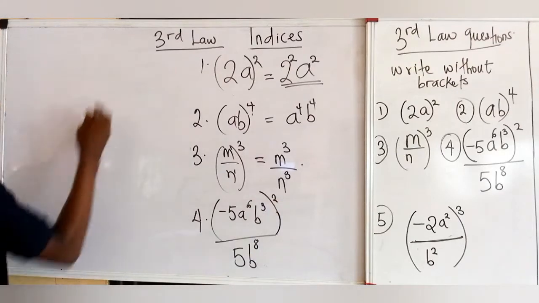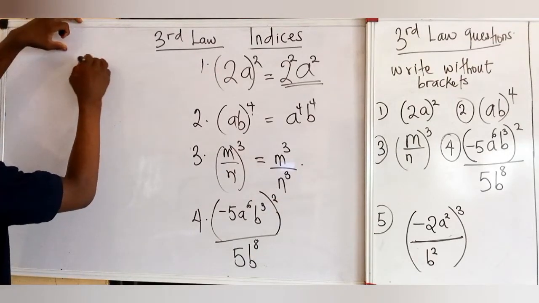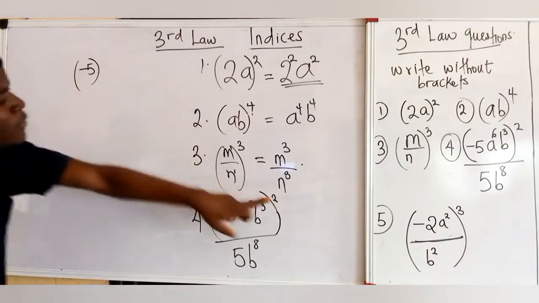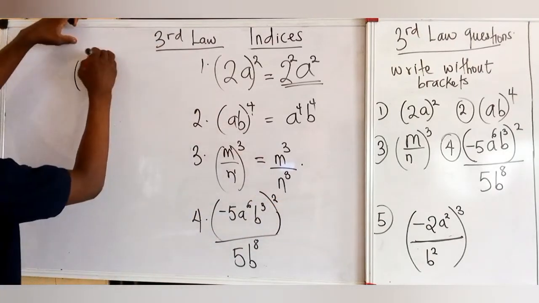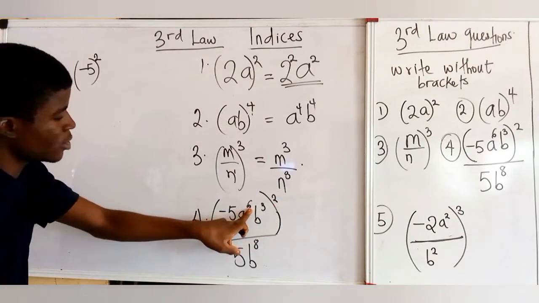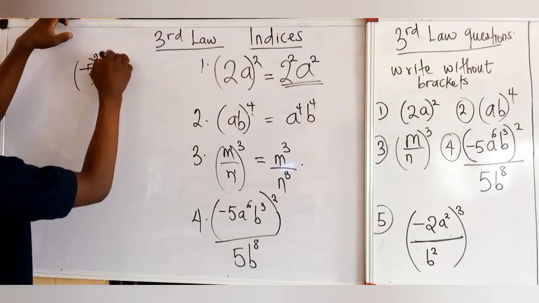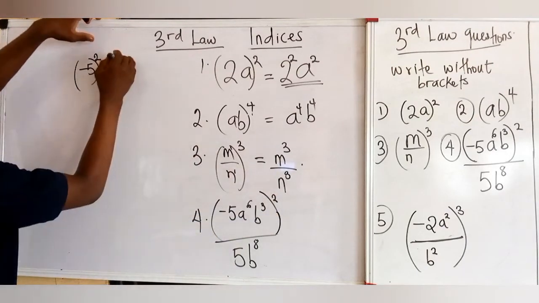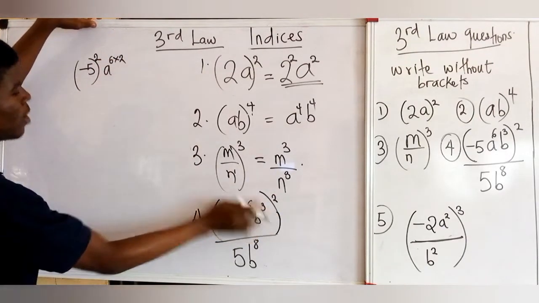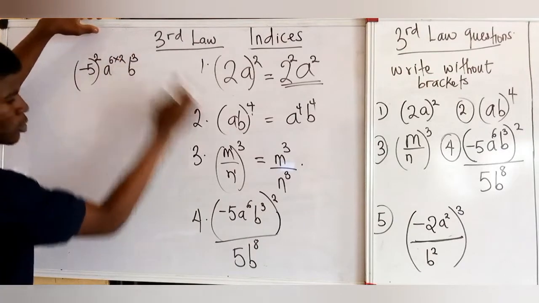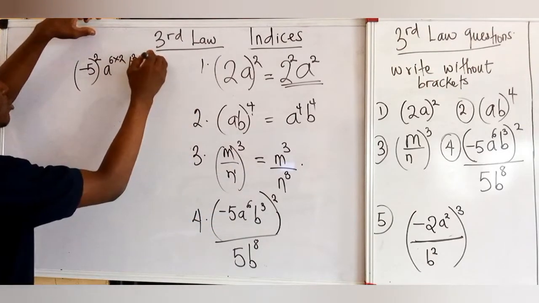So listen. Minus 5, first of all, will have its own square. Then a to the power of 6, we multiply this 2. Then I have b to the power of 3. We also multiply the 2 times 2.